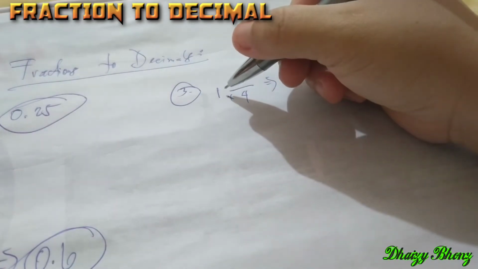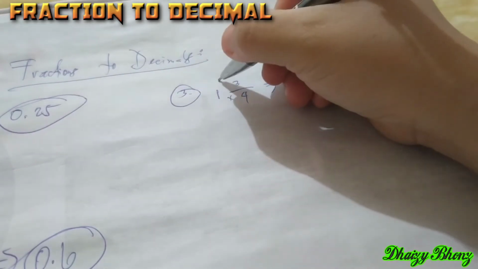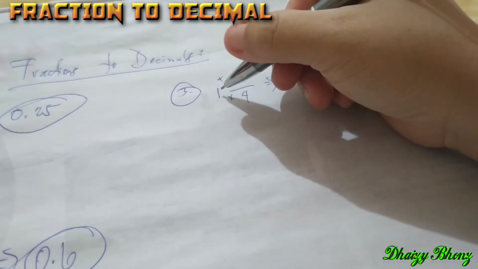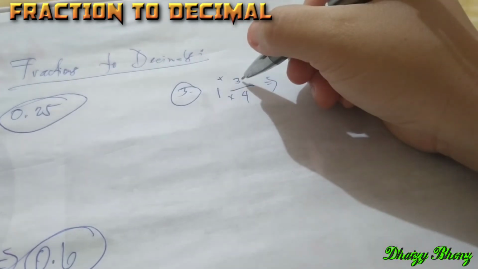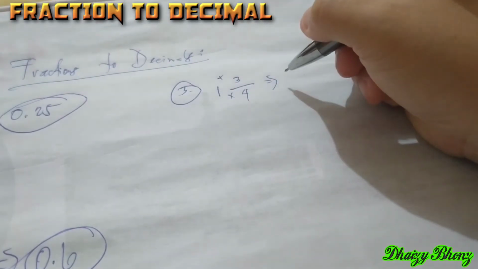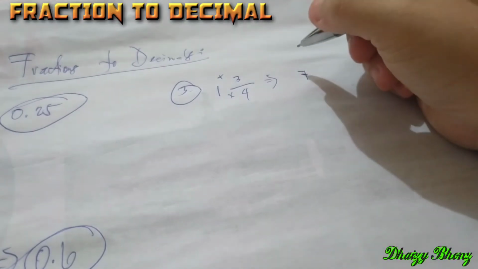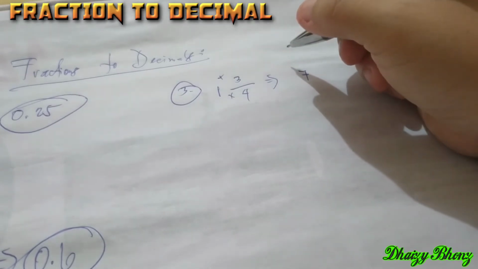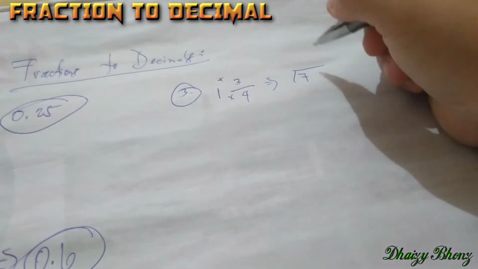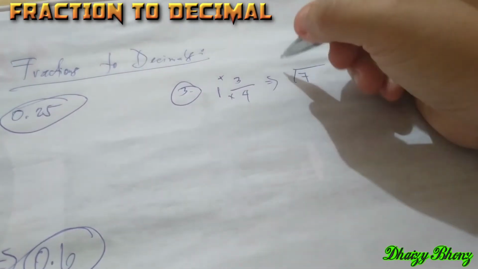And then add 3. 4 plus 3 is 7. Right? We have 7. And then divided by 4.